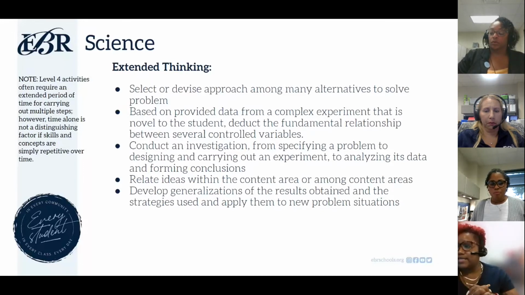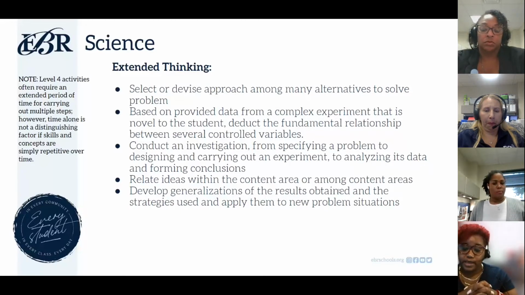It's based on provided data from a complex experiment that may be novel to the student. We're conducting investigations from specifying a problem to designing and carrying out an experiment, analyzing this data, and forming conclusions. These are things that we find especially when students are preparing for science fair, and this year for our fall elementary science fair, as well as for our spring STEM challenge, our students will walk through all levels of DOK to be able to get to a product.